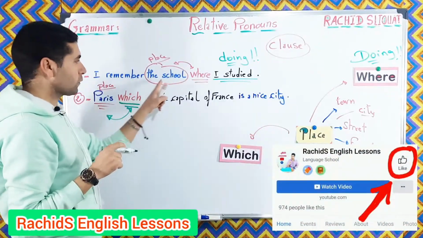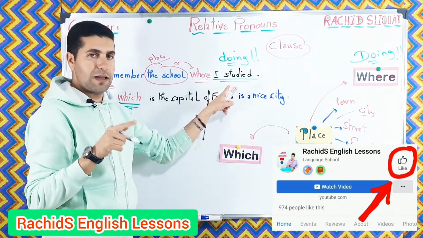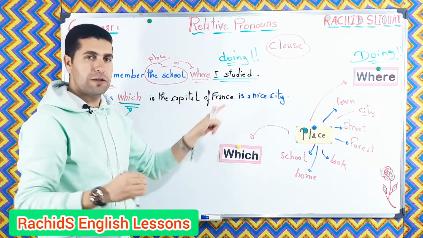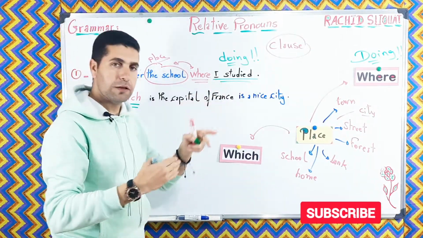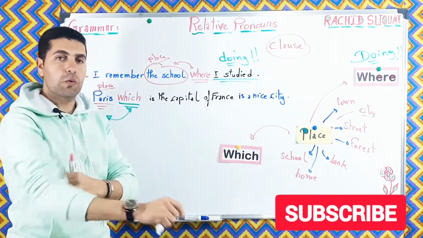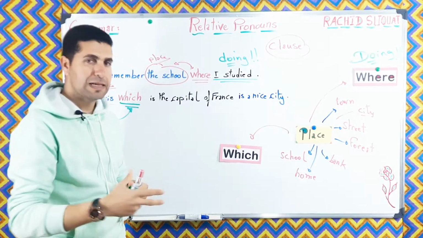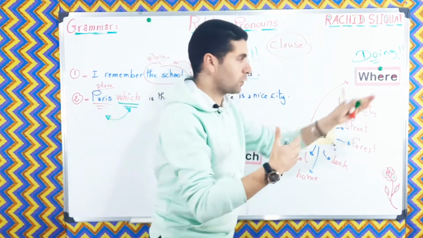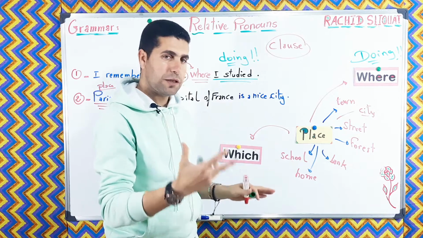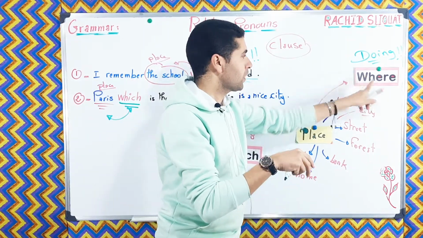So I remember the school where I studied. Studying is something we do in the school, like working or playing. So when we are talking about something that we do in that place, we use where.